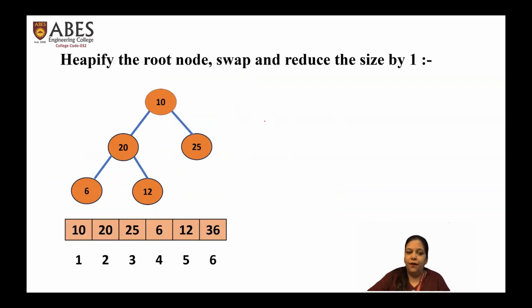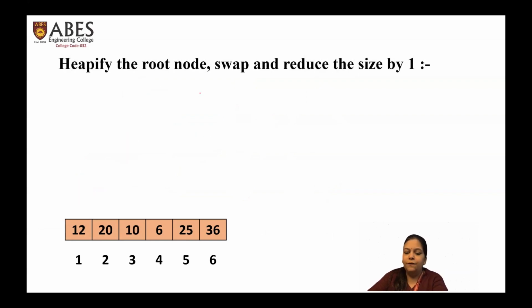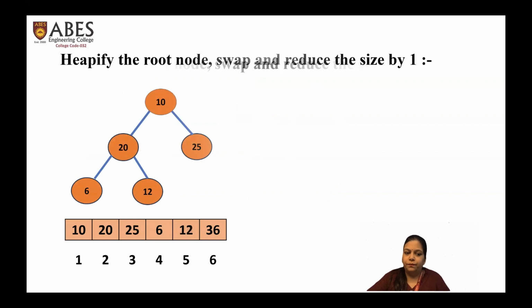Now after heapification, what will happen? This 10 will be compared with the left child and the right child. And so this 10 will be swapped with 25. So this will become 25 and this will become 10, right?